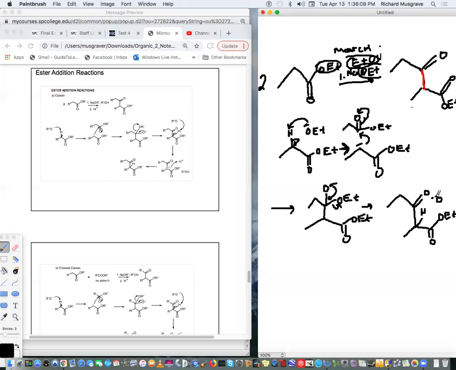Because what happens is we end up getting the OEt minus formed, but because that hydrogen is quite acidic, because it's between two carbonyl groups, it actually gets lost. And then that's why we have to add the H plus in the last step to protonate it. So that can be a little bit confusing as to why we do that, but that's the reason.